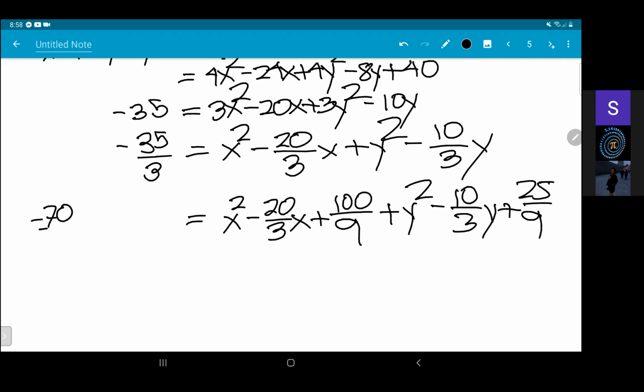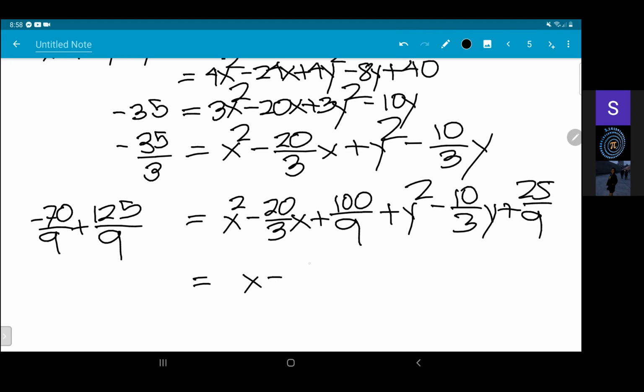So 35 over 3, you can write as 70 over 9. Then add the same, 125 over 100. Actually, you just need the center. You're being asked for the center.